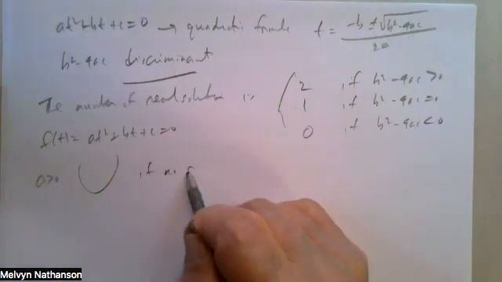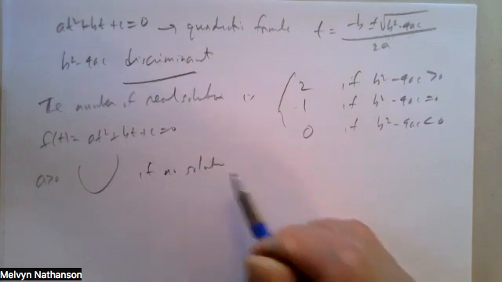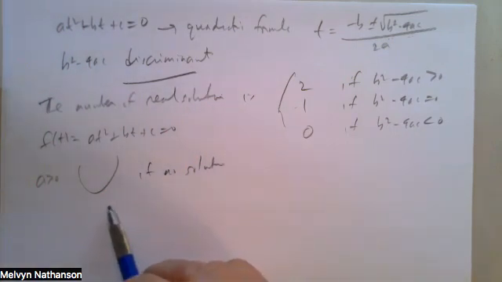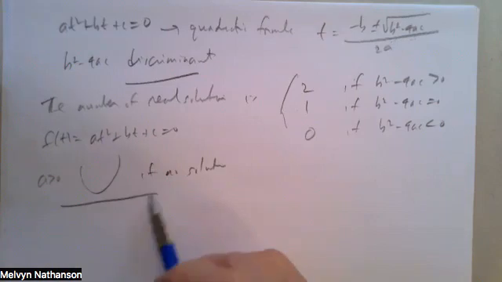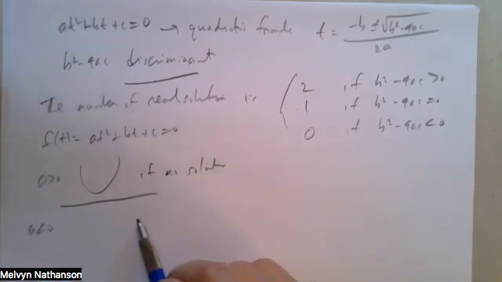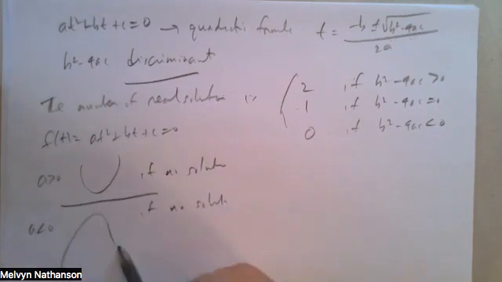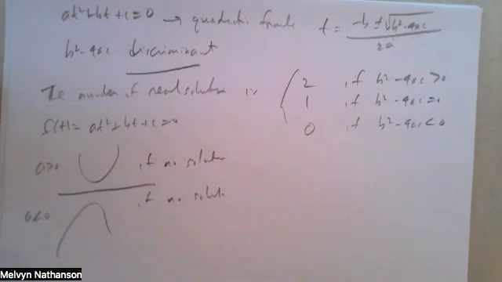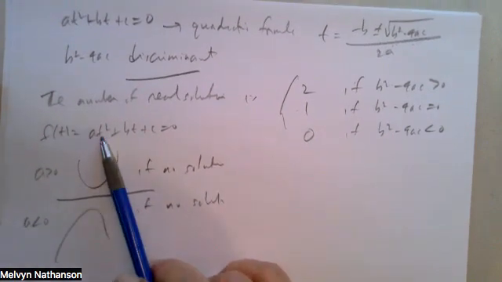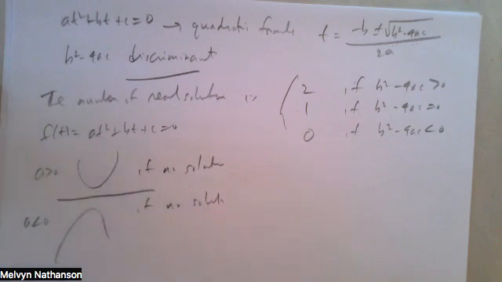If there's no solution, then the graph can never cross the x-axis. It has to be above the x-axis. If a is negative and there's no solution, the graph always has to be below the x-axis. Because if a is positive, this goes to infinity. If a is negative, it goes to negative infinity.